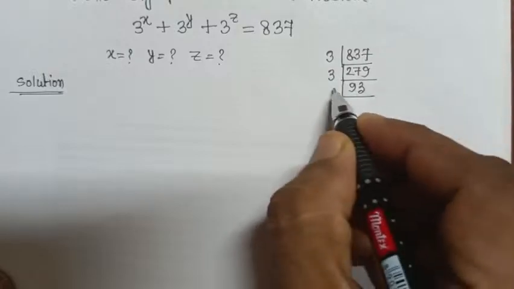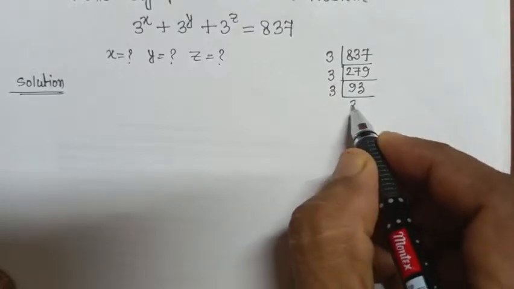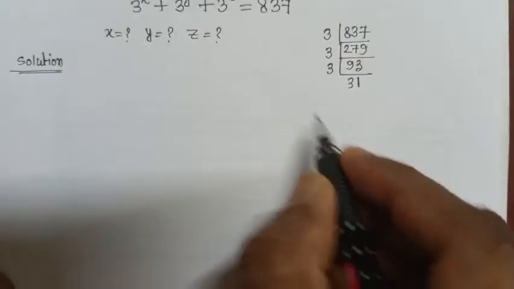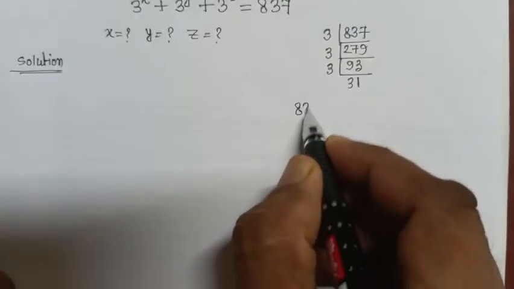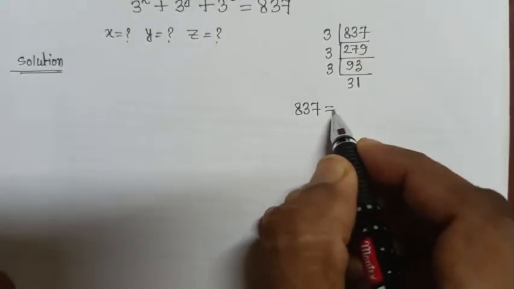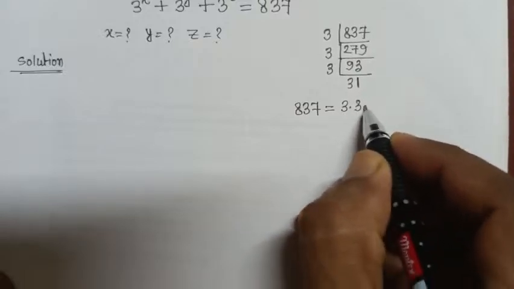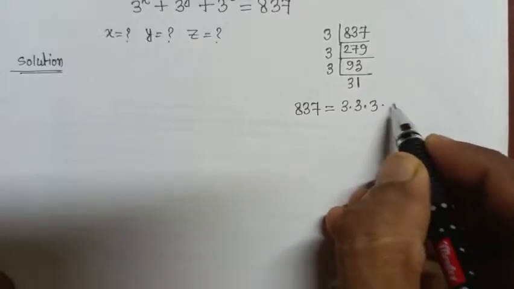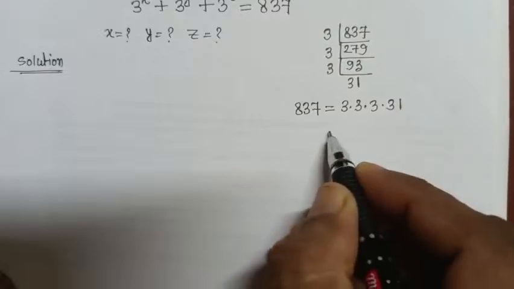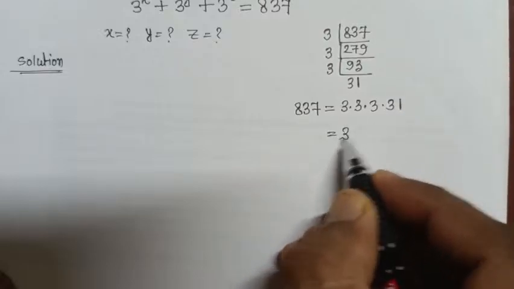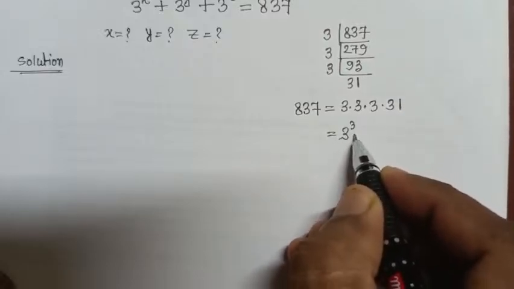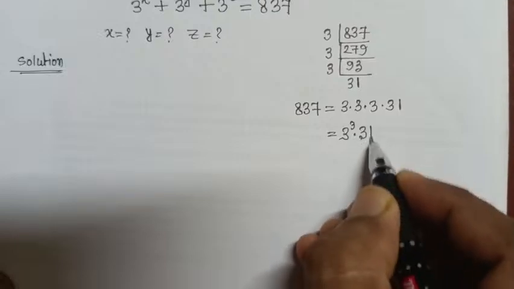Again by 3 we get 31. So we can write 837 as 3 dot 3 dot 3 dot 31. We can express it as 3 to the power cube dot 31.